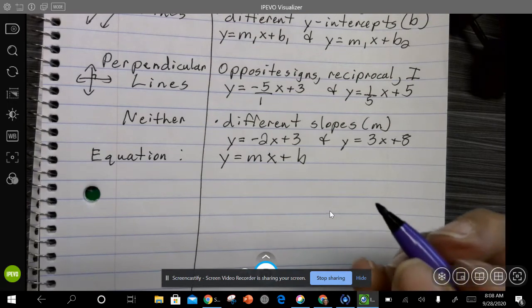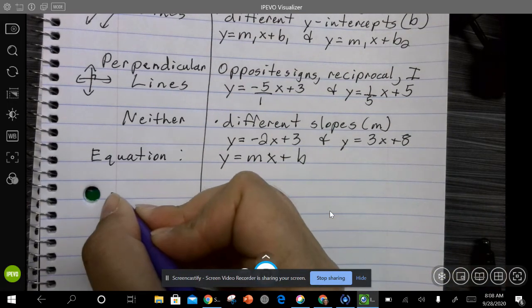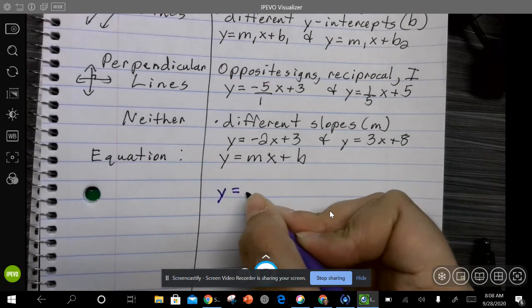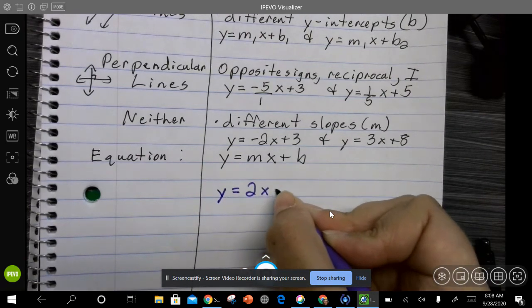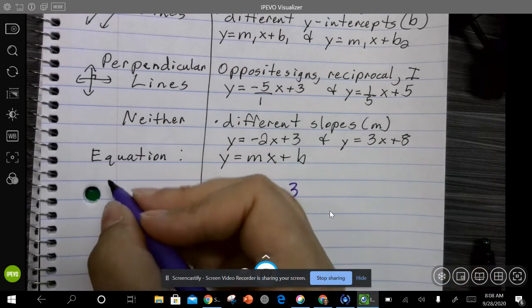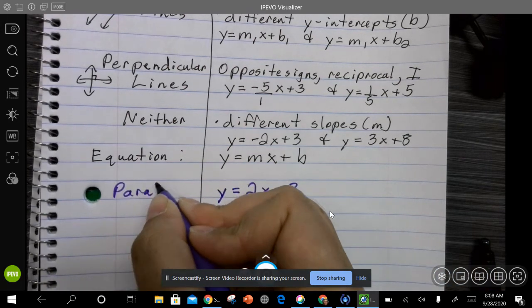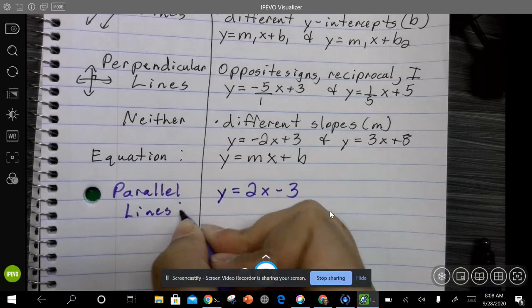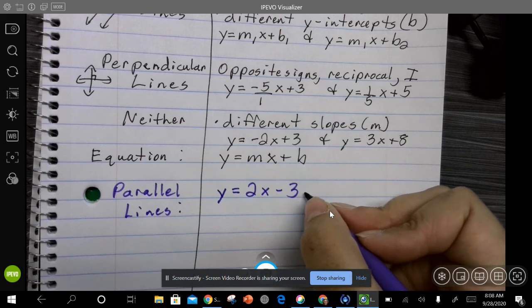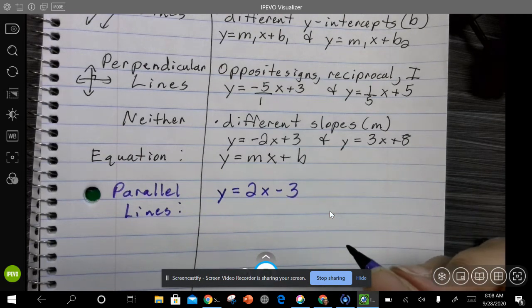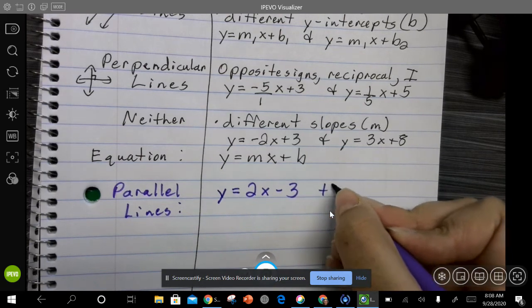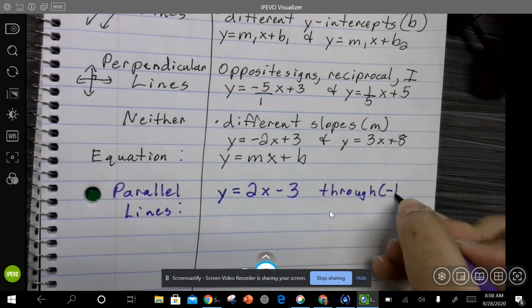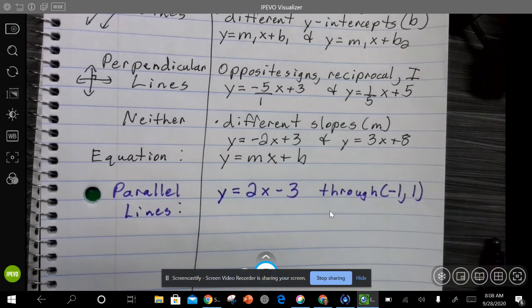Okay, so let's do an example for parallel. So we have y is equal to 2x plus 3, and it's going to be through negative 1, 1.